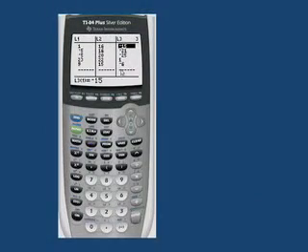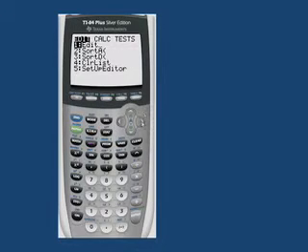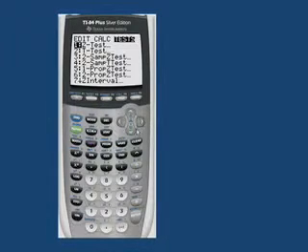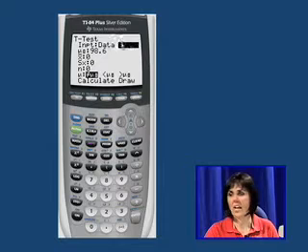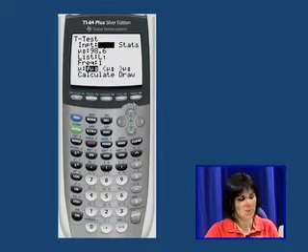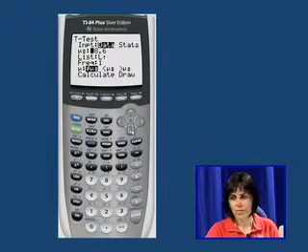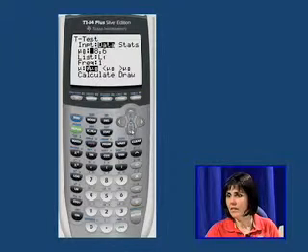So I'm going to go to Stat, and you're going to go to Test, and I will do the t-test. This is a little bit different than before. I used to enter the stats. Now I'm going to enter the data. If I push enter, it asks for mu null.